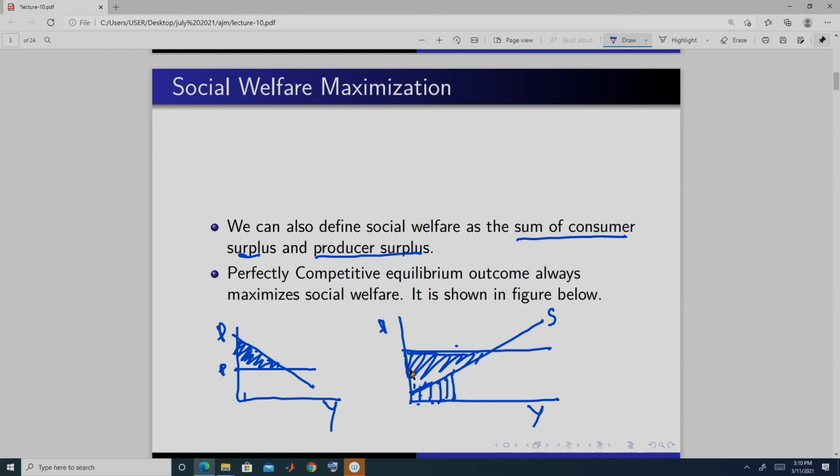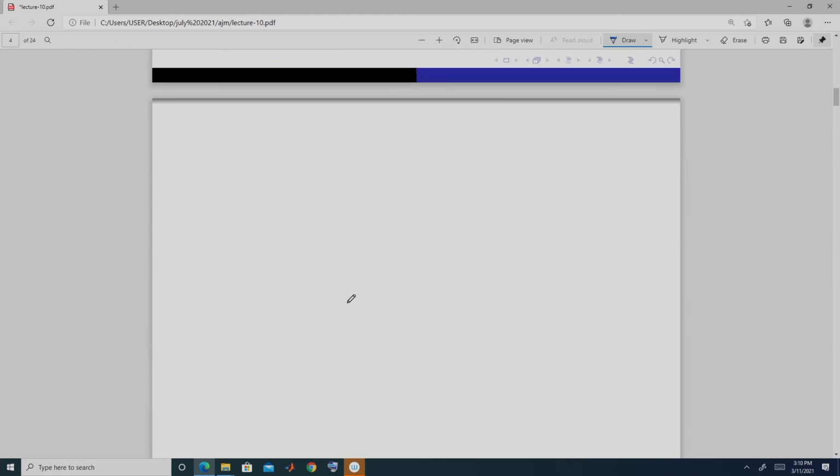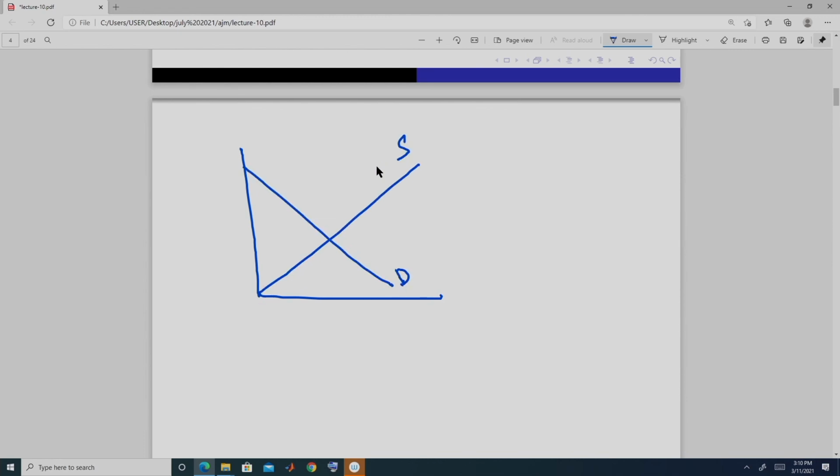So the outcome in the competitive market actually maximizes this sum of consumer surplus and the producer surplus. How does that happen? Suppose this is the demand curve, and for simple exposition we are taking them to be straight lines. So this is going to be our market price, and this is going to be the optimal market output or the equilibrium output.